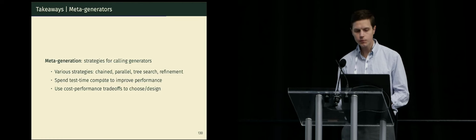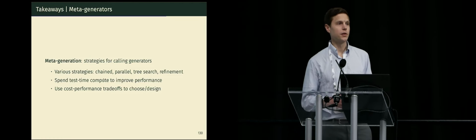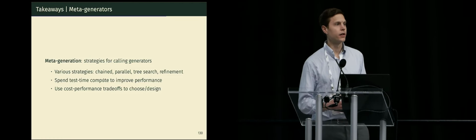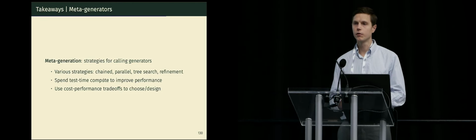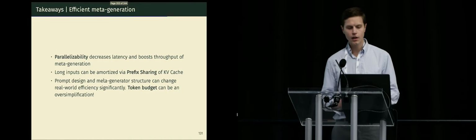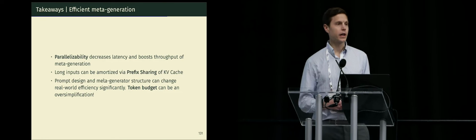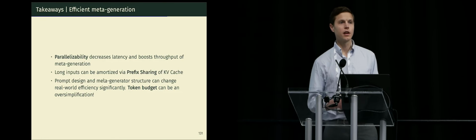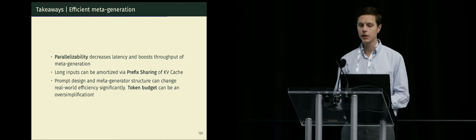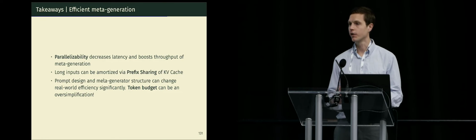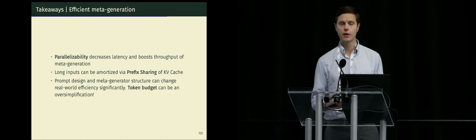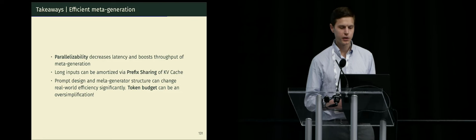When we want to either design a new meta-generator or choose one for our task or deployment setting, we want to take into account not just the task performance but also the cost, because these do involve, by their nature, potentially spending a lot of inference-time compute.